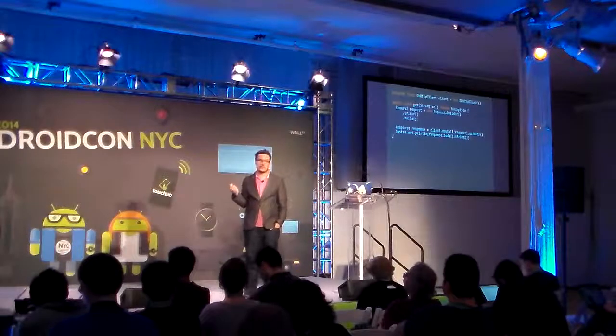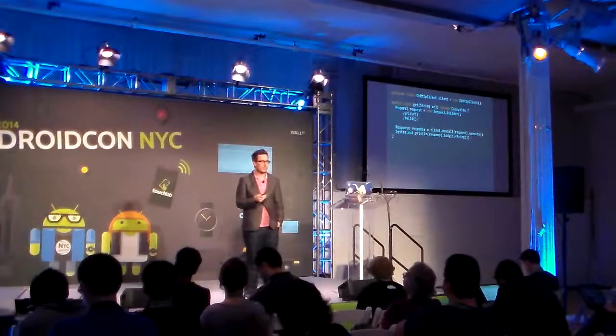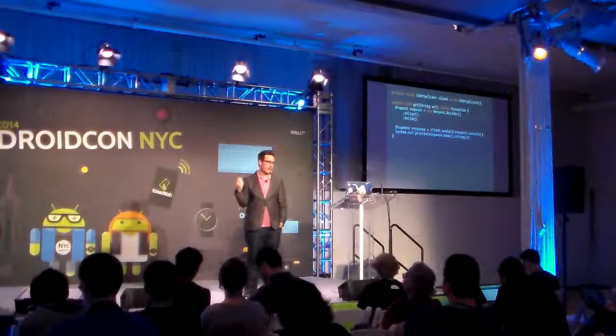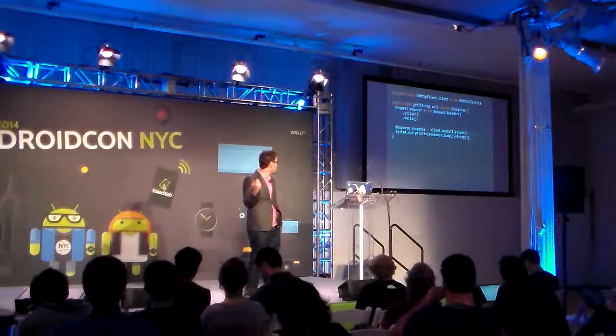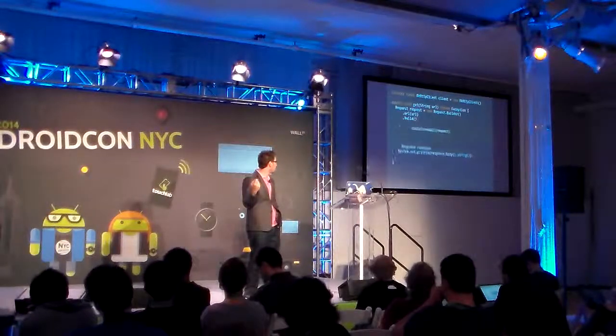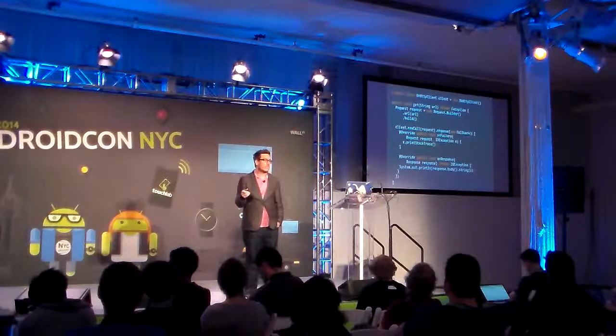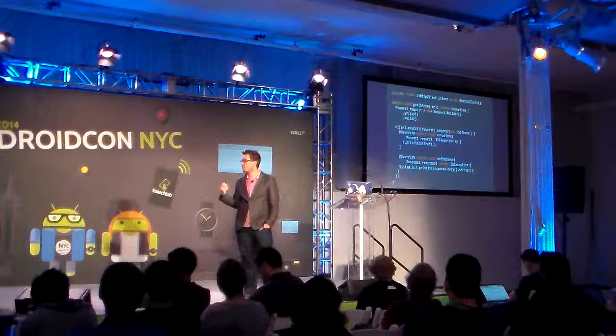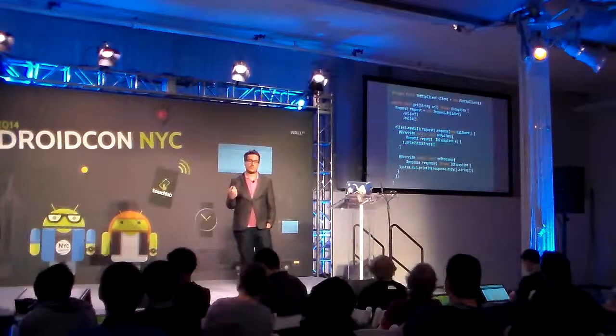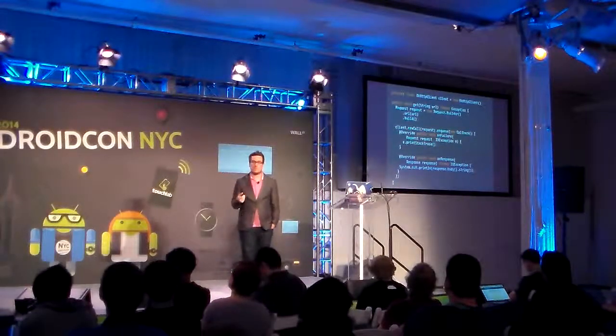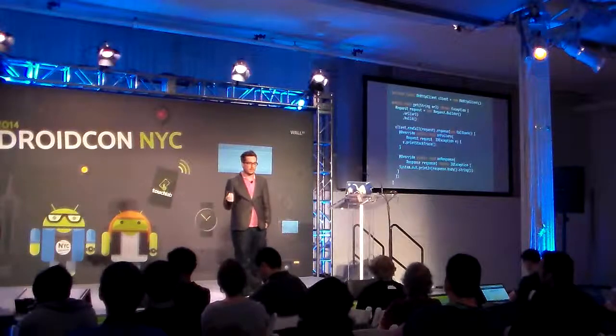The other thing that's nice about OkHttp is that it works in both this synchronous mode and an asynchronous mode. So we take that, we just rearrange things, and this is how it works asynchronously. Instead of calling execute, you call enqueue, and you get a callback. So very much the same thing.